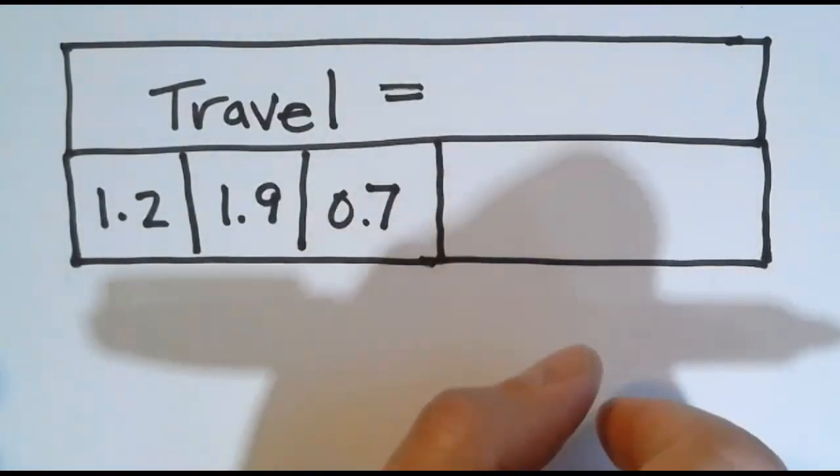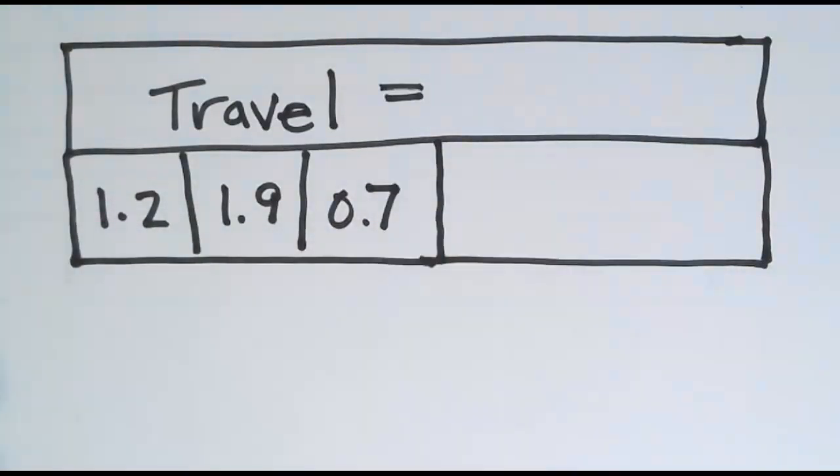Okay? And the other thing that we need to notice in this problem is it does say round to the nearest whole number. So we're not going to put a decimal in our answer. We're just going to round it to the nearest mile.